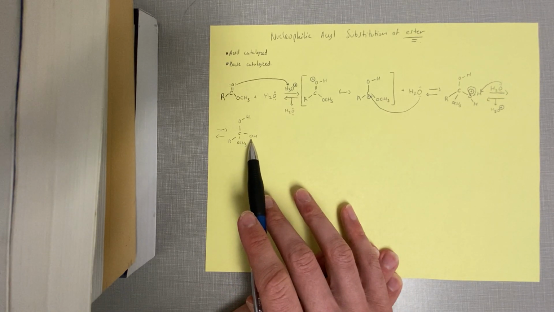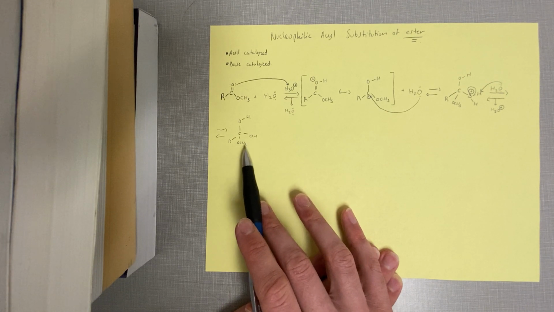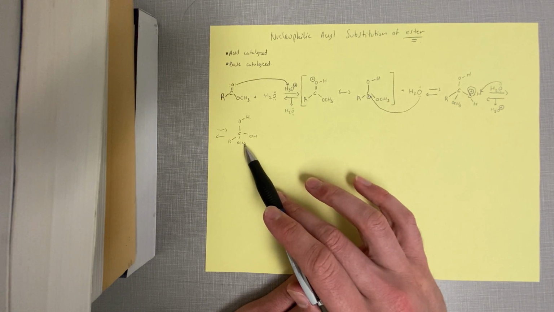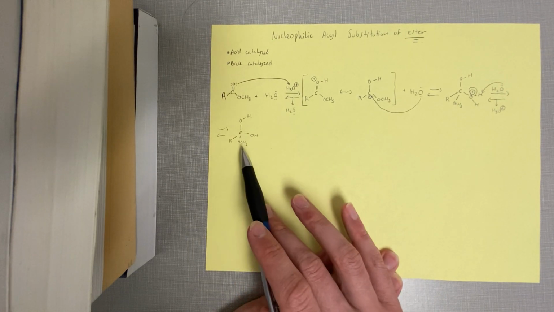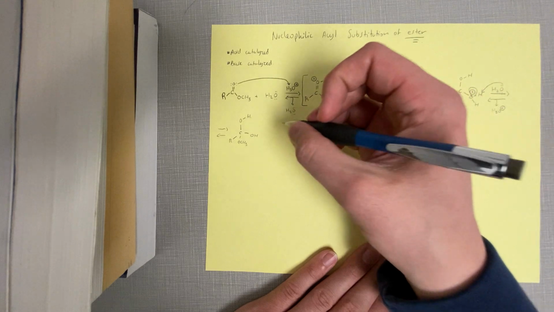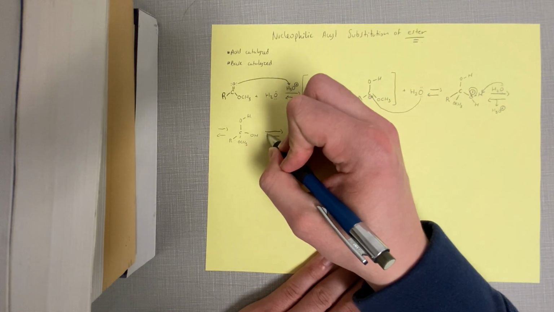They are both equal in basicity, so we would protonate this CH3O, or this oxygen, so it can leave as methanol. For this to happen, we will use an acid.